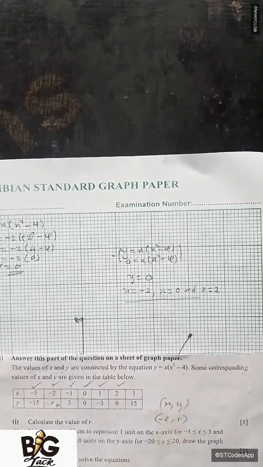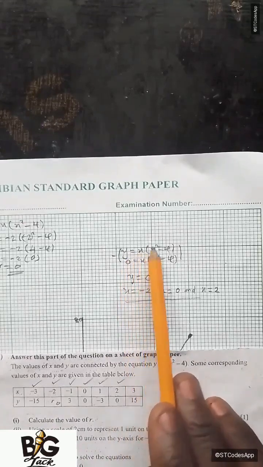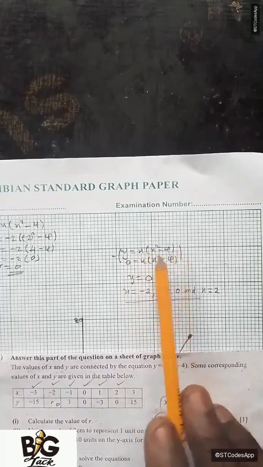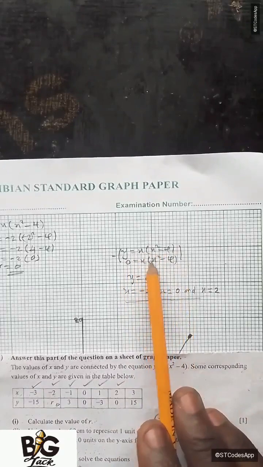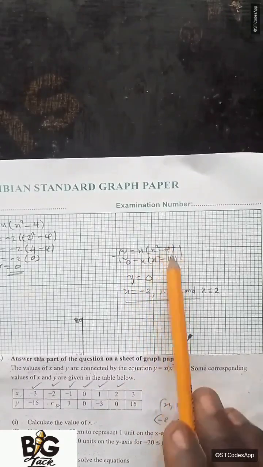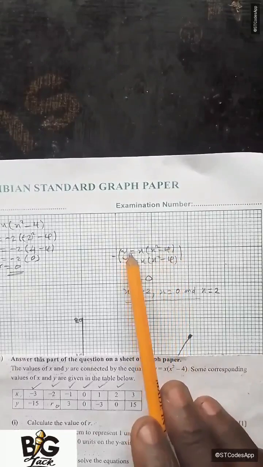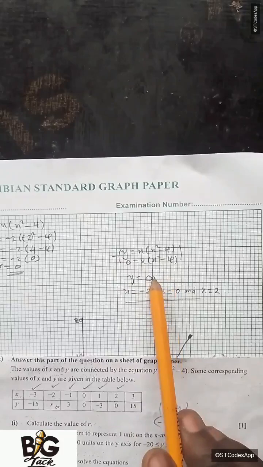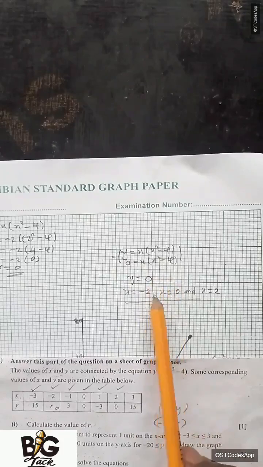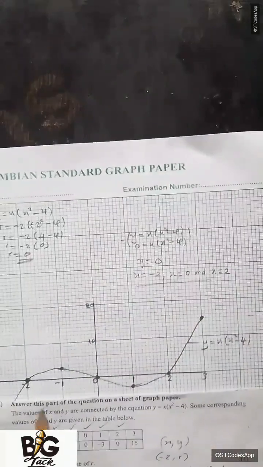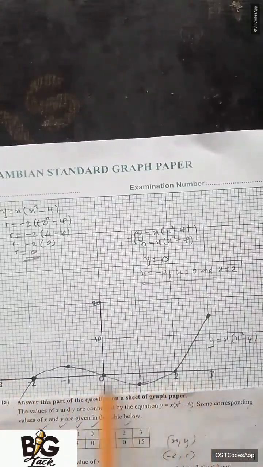So I was saying x open bracket x to the power 2 minus 4 minus x open bracket x to the power 2 minus 4, we are going to get 0, or these are going to cancel each other. Then on this part here, y minus 0, we are going to get y is equal to 0. Then from there now, where y is equal to 0, it is in the x-axis, this point here.